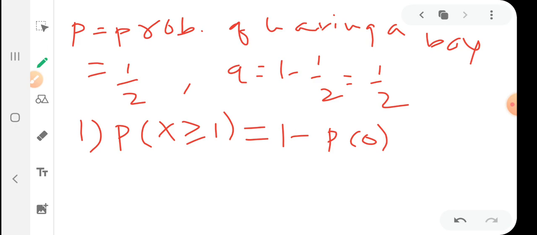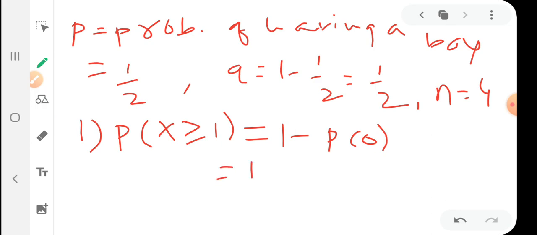No, just concentrate on one family. In one family, how many children are there? 4 children. So value of n is 4. For 2000 families, we will see what to do. But for one family, 4 children each.